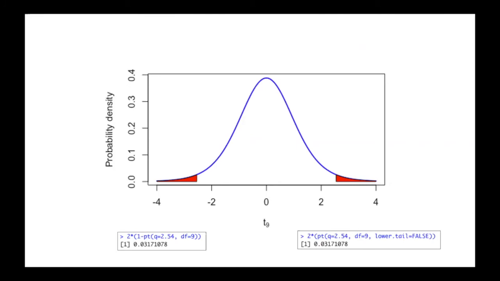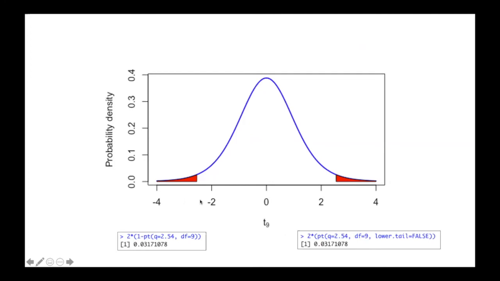And you can see then that getting a test statistic of 2.54 when we have 9 degrees of freedom is really quite unusual. So here we have our test statistic and the area to the right, as well as the corresponding test statistic in the negative direction and the area to the left.